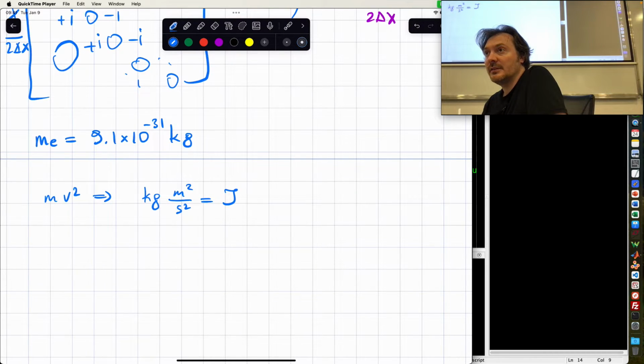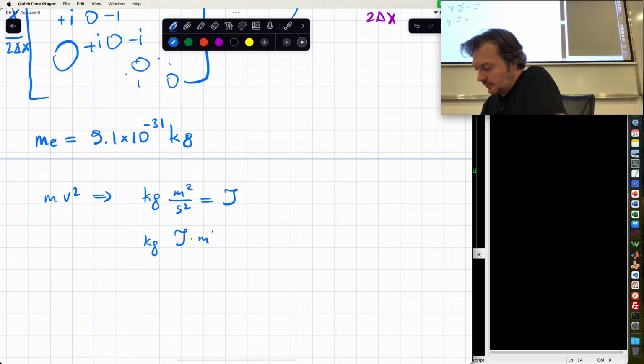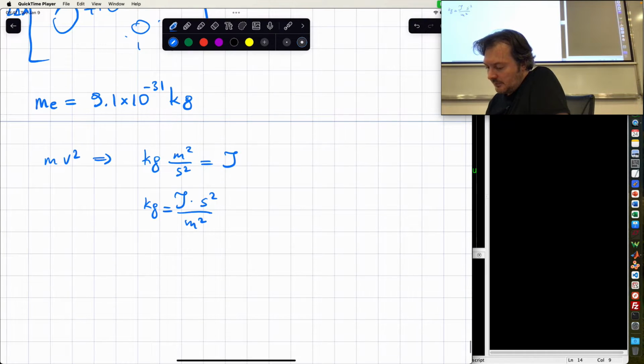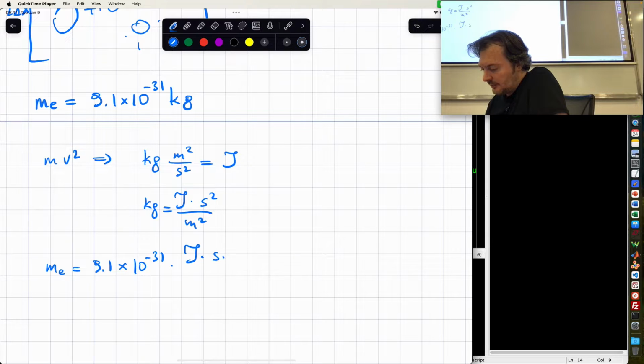Do you follow this? So kilogram is joule times second squared over meter squared. So the mass of the electron is 9.1 times 10 to the minus 31 times joule times second squared over meter squared.